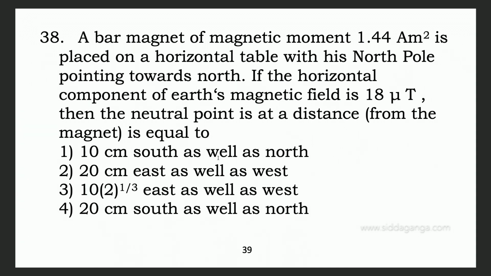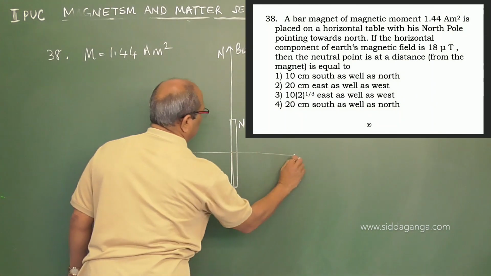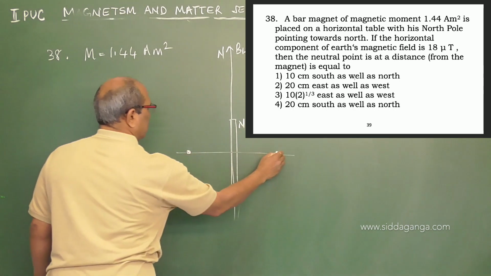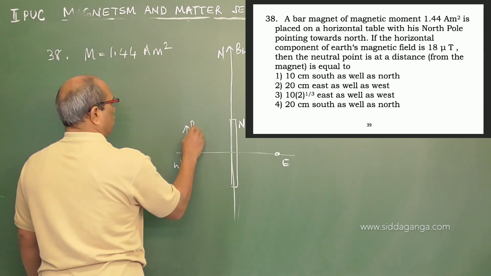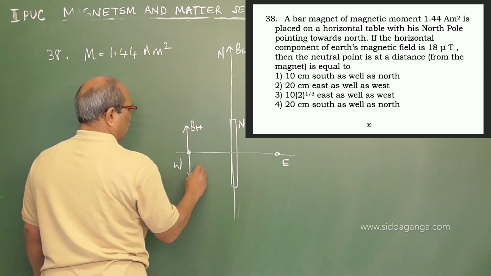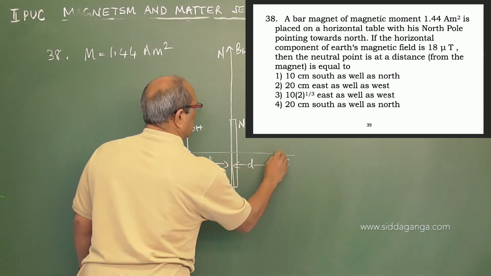If the horizontal component of the earth's field BH is 18 microtesla, then the neutral point is at a distance from the magnet equal to what? In the case of north pole to north pole, like poles together, at some point either at the east or west, BH acts upward and B acts downward, at a certain distance d possible on either side.